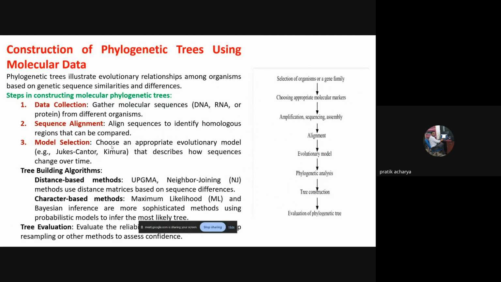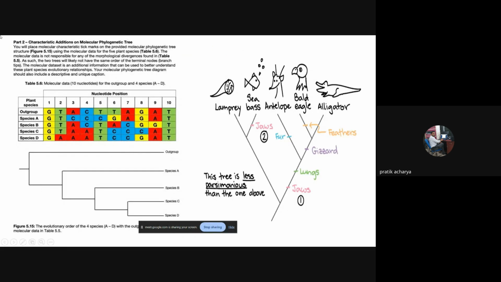And last, model selection is another important part, which was provided to scientists by Motoo Kimura and Cantor. Choose an appropriate evolutionary model that describes how sequences change over time. That is the phylogenetic analysis. In this picture, for all the similar groups, we can make one ancestor, but where it is different, we have to make branches.